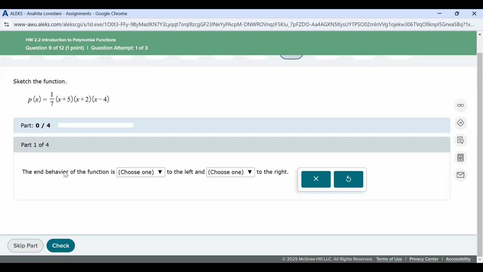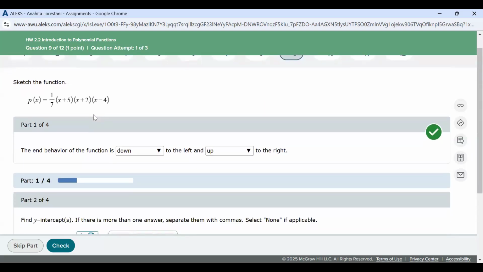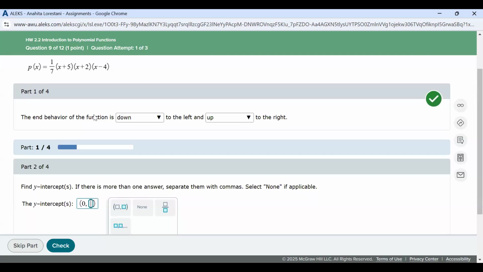So it asks you for the end behavior. The graph is a cubic function, so it's going to start from the bottom. And it's going to be left is going to go up. And then it's going to ask you to find your y-intercept. That is 0 comma negative 40 over 7.